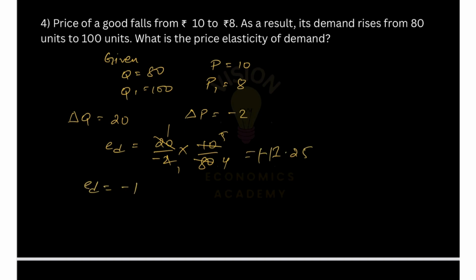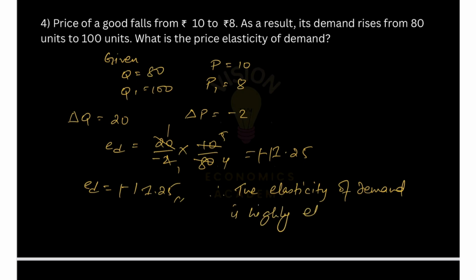Elasticity of demand is minus 1.25 within the modulus. Okay, we're considering only the absolute value. Therefore, the elasticity of demand is highly elastic as Ed is greater than 1. Okay, right? Please take a screenshot of it. This is very easy.